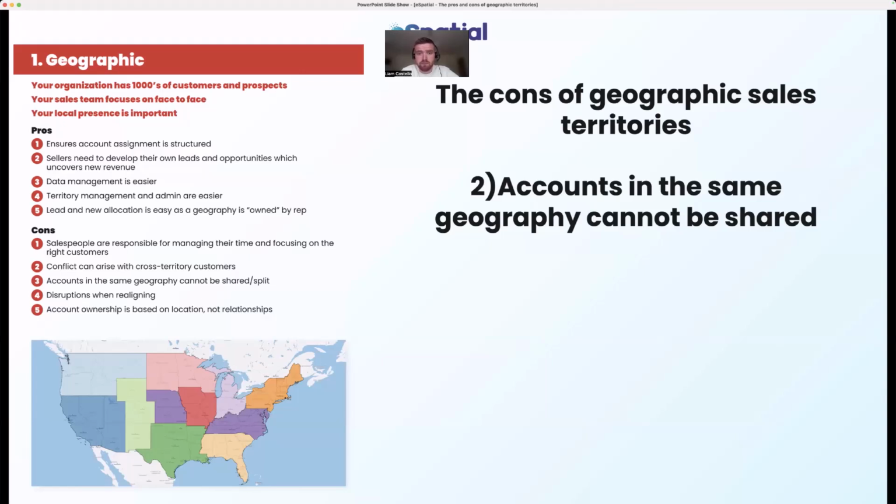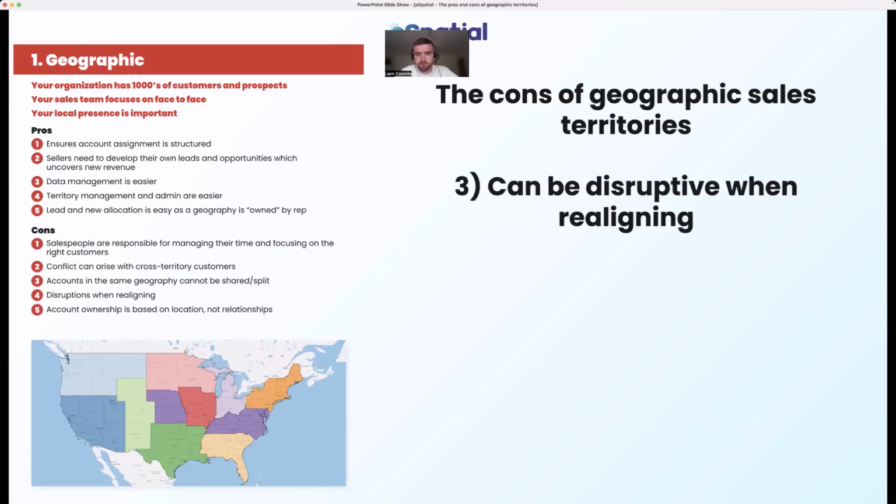Yeah, and we're going to cover that in our next discussion around account-based, because that's generally how people deal with that particular one. Okay, this is an interesting one. This brings in the human impact when you do a territory realignment or move zip codes from one rep to another. It's just disruption.